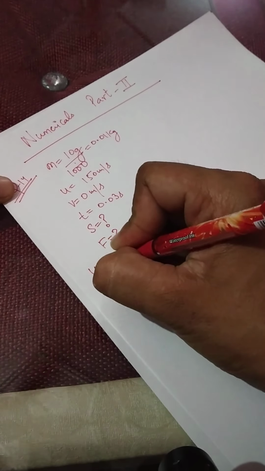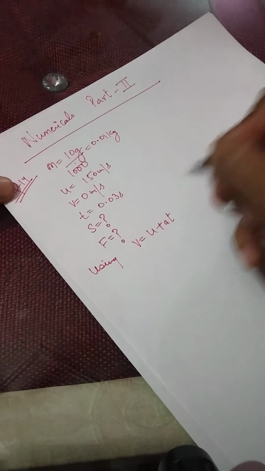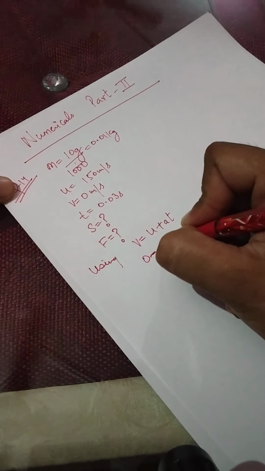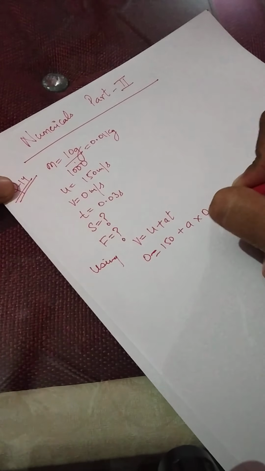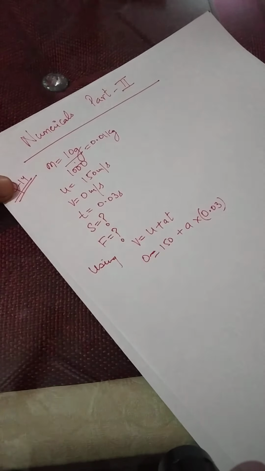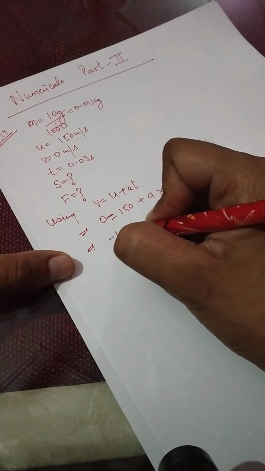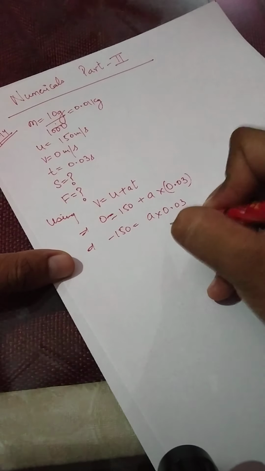So using first equation of motion, v equals u plus at, we have 0 equals 150 plus a, acceleration time is 0.03 seconds. So it would be minus 150 equals a into 0.03.